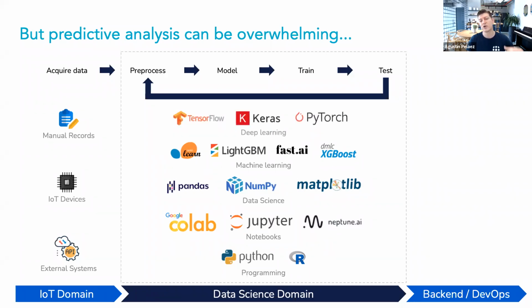And then to make things more complicated, you've got something called deep learning, like Google TensorFlow, Keras, and PyTorch, which are used for more advanced computations like image analysis. So even after you have figured out the model that you want to use, there's a very important step that makes it all worthwhile, which is the deployment, also called MLOps.